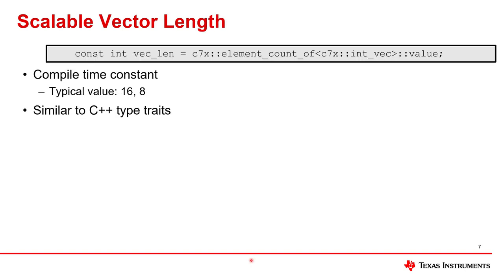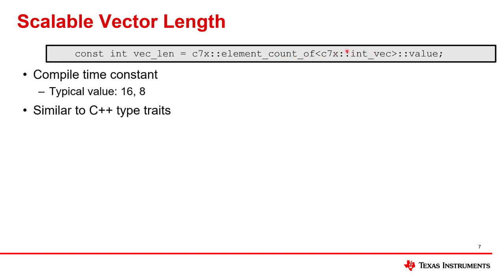The last part of the setup code computes the vector length. So we create a variable named vector length, and then we use the utility in the C7X namespace from the C7X scalable header, element count of.